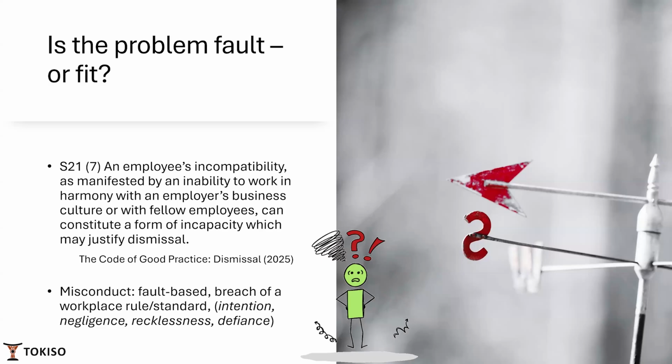So essentially, this is about fit. On the other hand, you have misconduct. This is about fault, where there's been a breach of a standard, where there is that element of intention or negligence, recklessness, or even defiance. Here it is about fault, and we're going to explore each of these a little bit further.